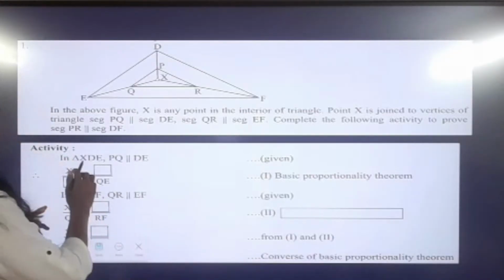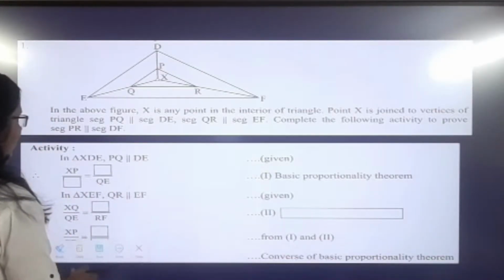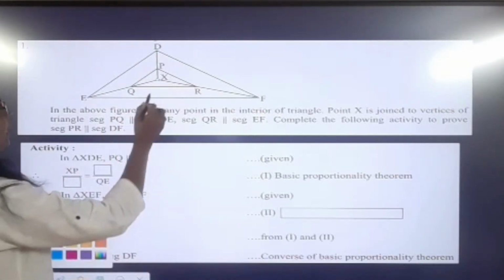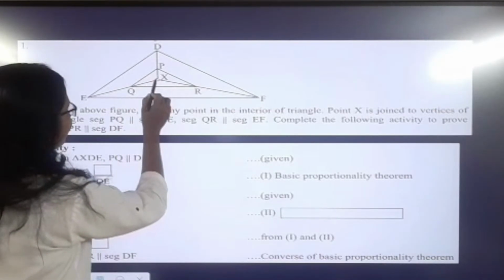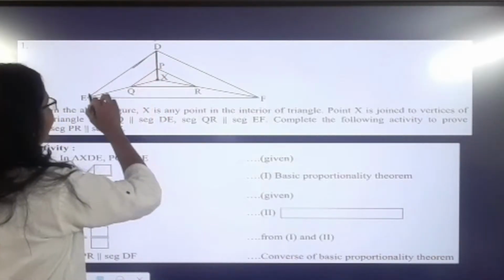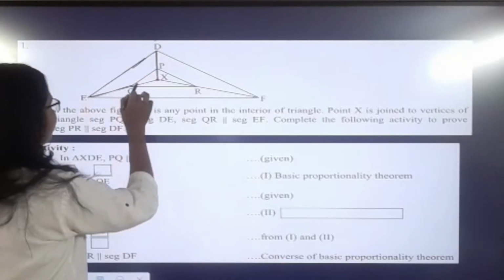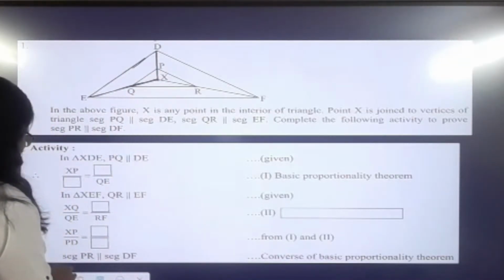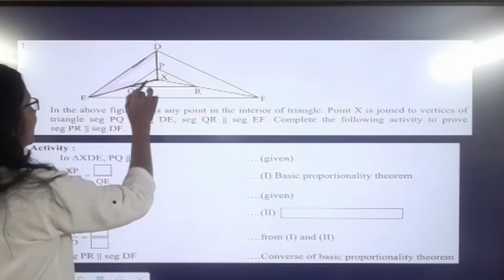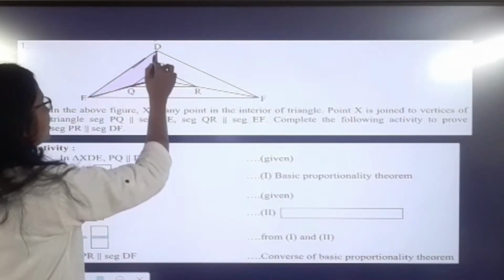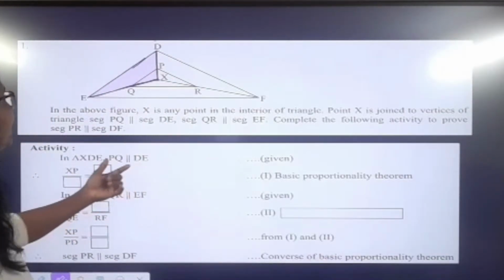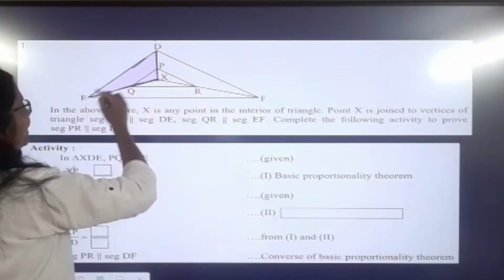So here in triangle XDE, students, this one is the triangle. In this triangle, PQ is parallel to DE.